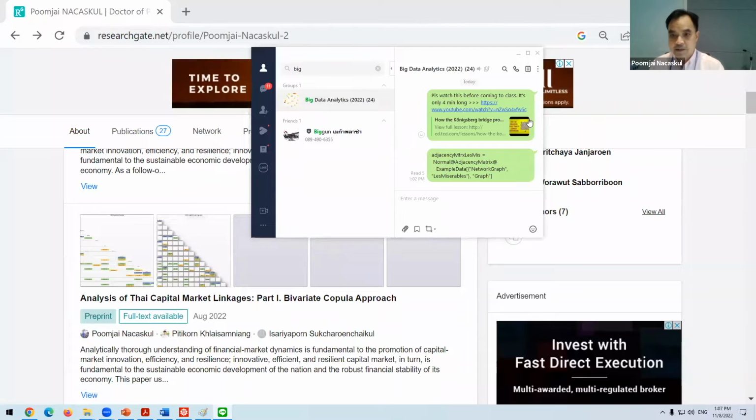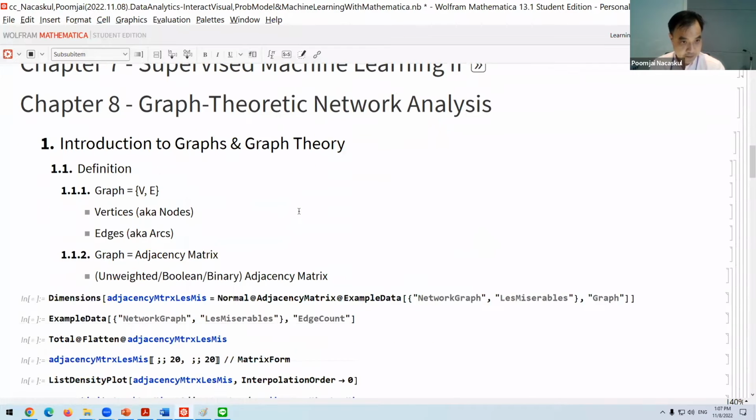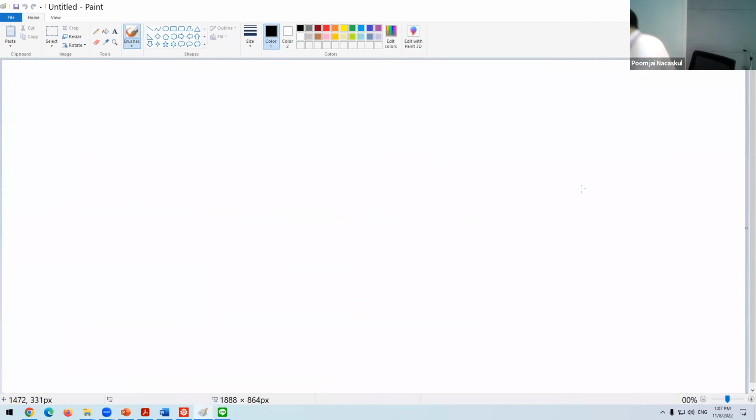You can just copy paste it, so you can have the same material to work with. Okay, so let's go to a blank screen. Okay.